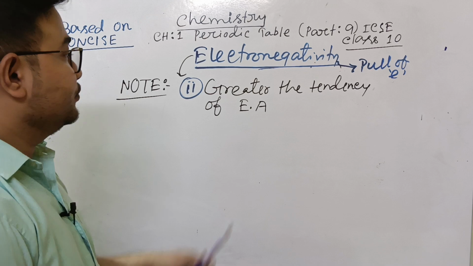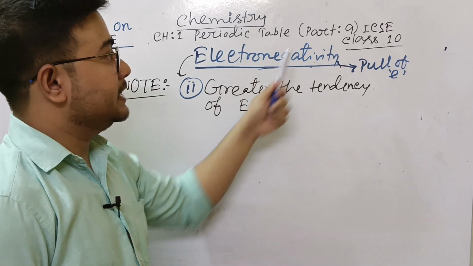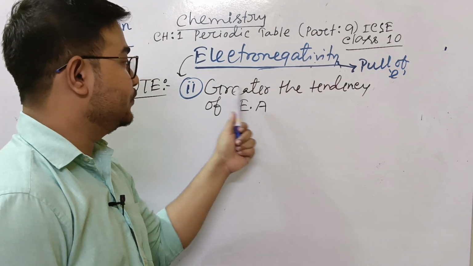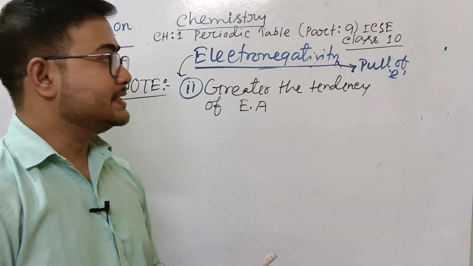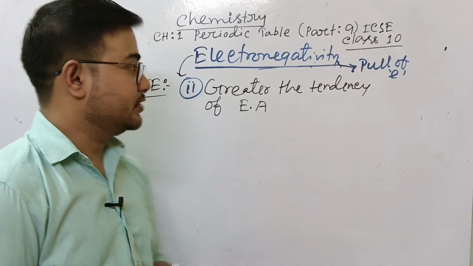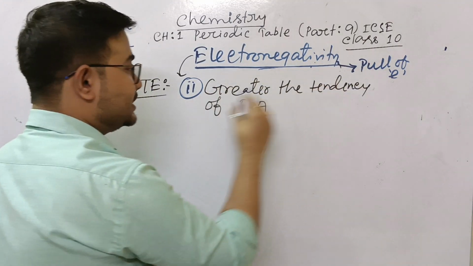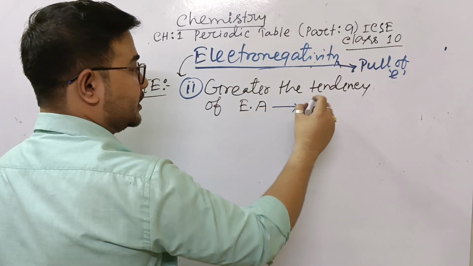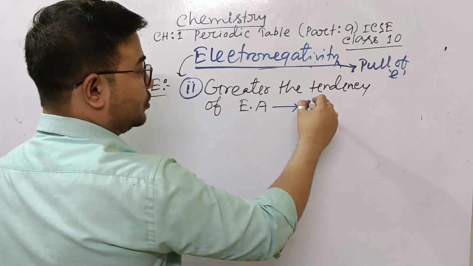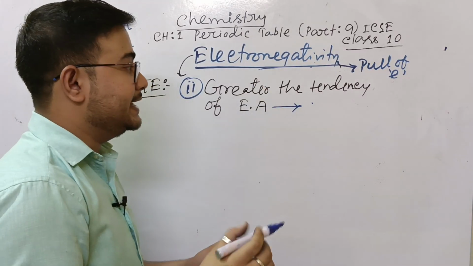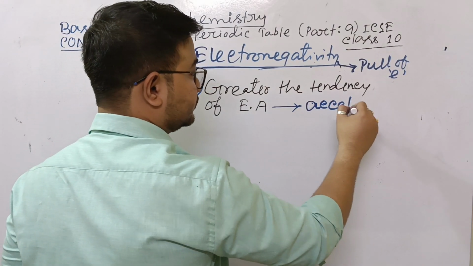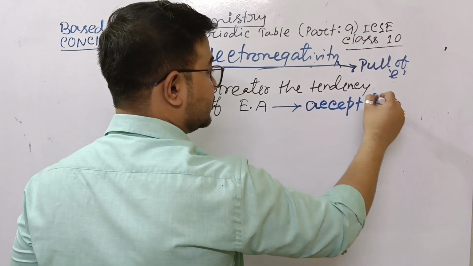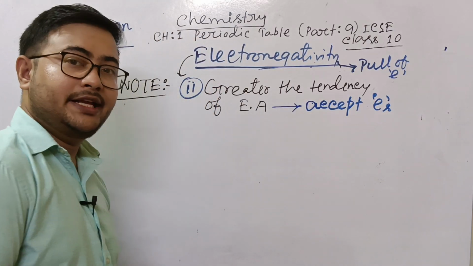Today also I discussed this concept, and in part 8 I discussed electron affinity fully. So what is electron affinity? Same, acceptance of electron. So the greater the tendency of electron affinity, the more this element has a tendency to accept electrons. Clear or not?